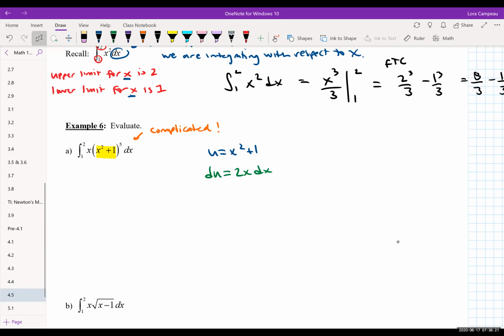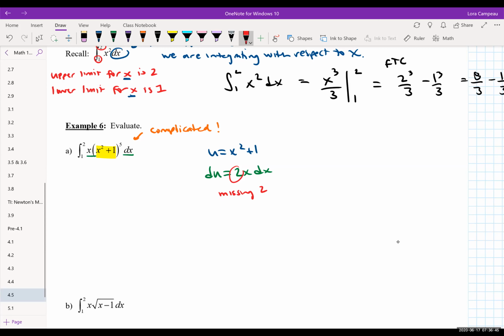So you could say, well, we have the dx, we have the x, and what are we missing? We're missing the 2. That is correct. If we're missing the 2, we can either solve for dx in the integral, or we can replace it right away.